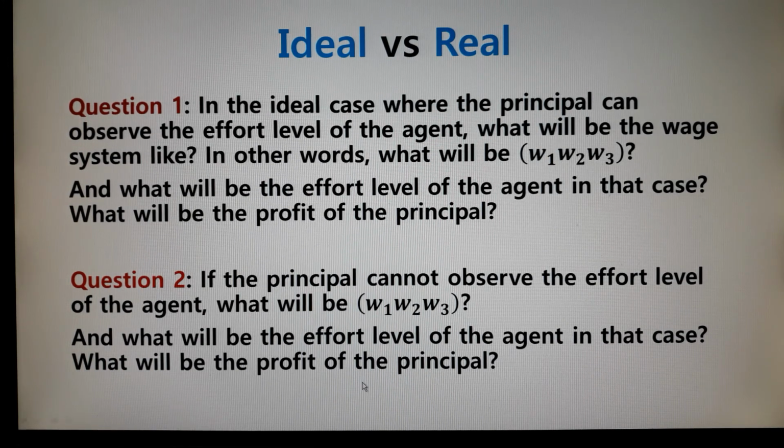Let me remind you, we are in the middle of the subgame perfect equilibrium concept. This is an application. Why is it subgame perfect? Think about how it works. When I came to Yonsei University, they told me how much they were going to pay me.